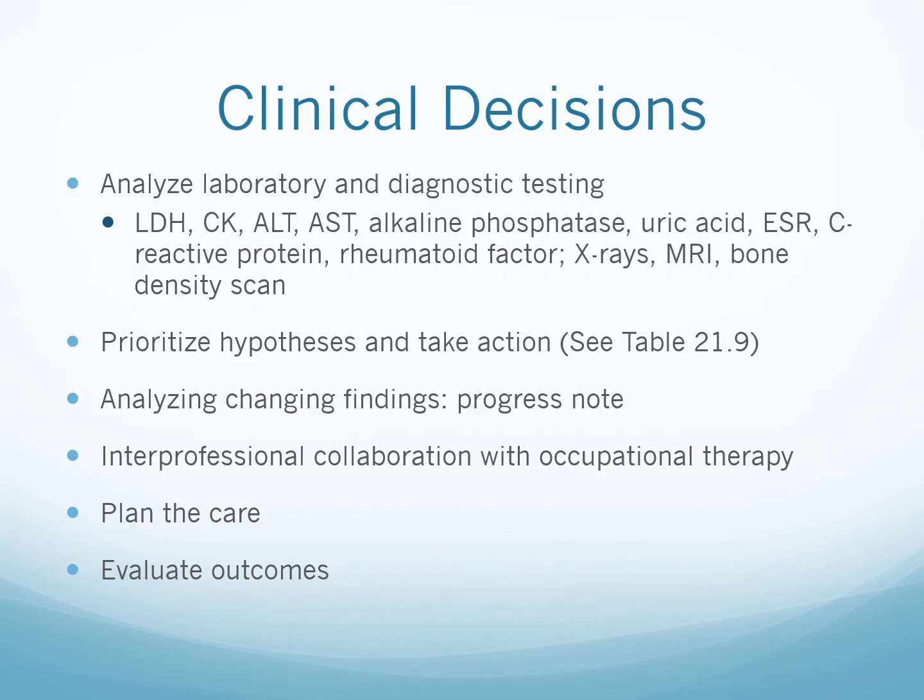And because ESR is nonspecific, it doesn't tell us exactly what's causing the inflammation, only that inflammation is occurring. Also, C-reactive protein, CRP, this is another inflammatory marker. It does rise quicker than ESR, and it's often used to monitor acute inflammation, infection, autoimmune flare-ups, response to treatment. But again, this is a nonspecific inflammatory marker.